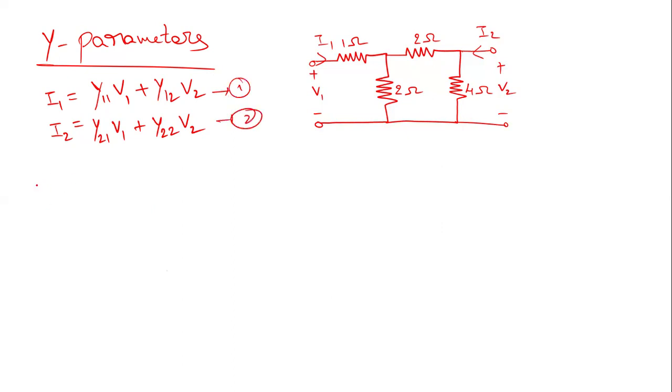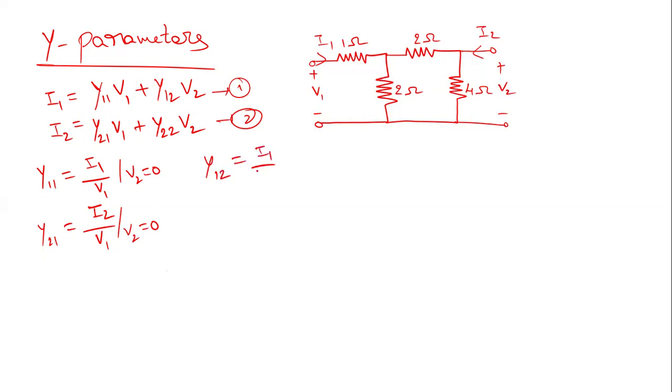If you write the individual parameters, Y11 is I1 by V1 with V2 0, Y21 is I2 by V1 with V2 0, Y12 is I1 by V2 with V1 0, Y22 is I2 by V2 with V1 0.